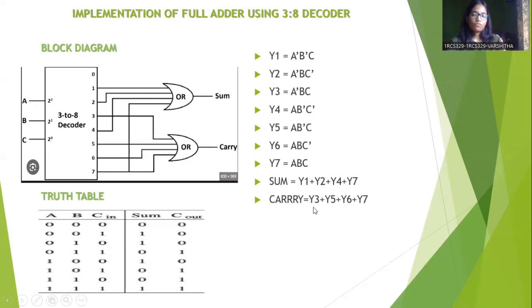Here we connect Y1, Y2, Y4, Y7 to an OR gate to get the sum. We connect Y3, Y5, Y6, Y7 to an OR gate to get carry as the output. Y0 to Y7 are the minterms represented in the form of ABC input signals.